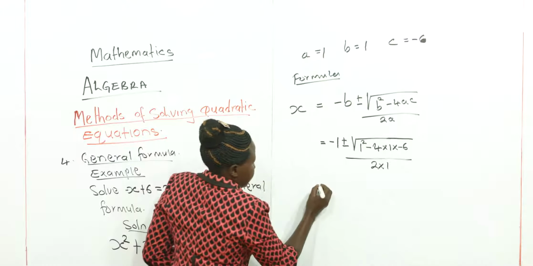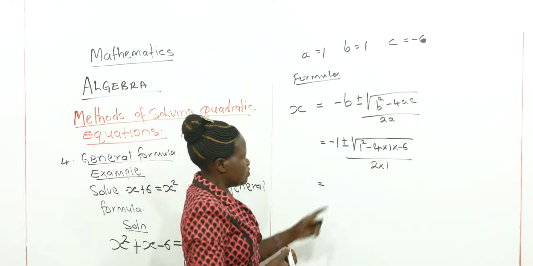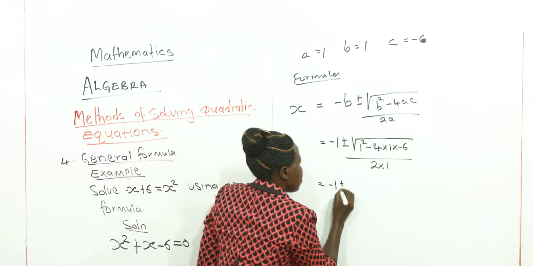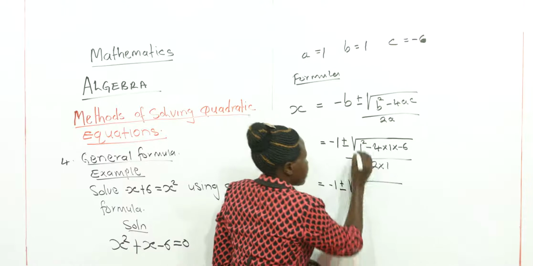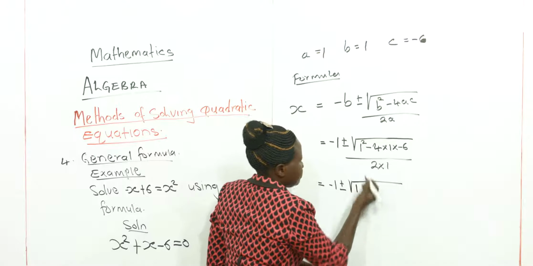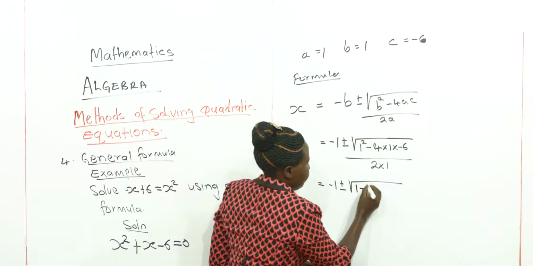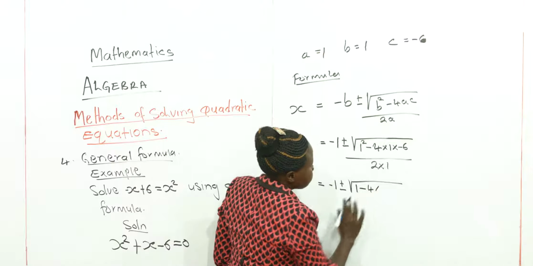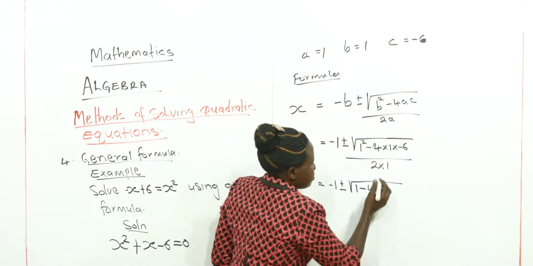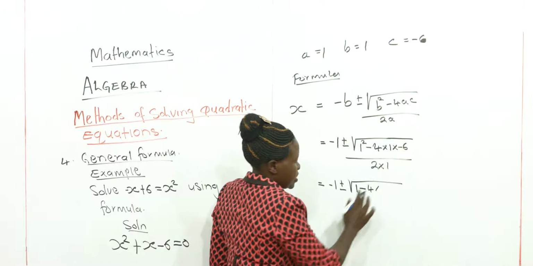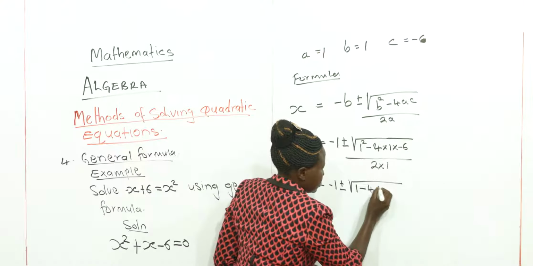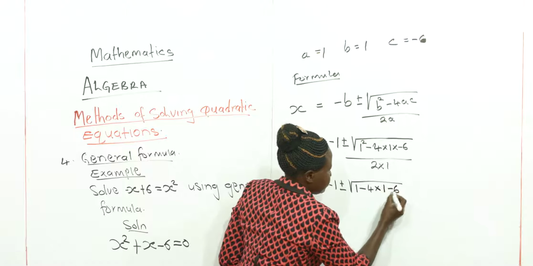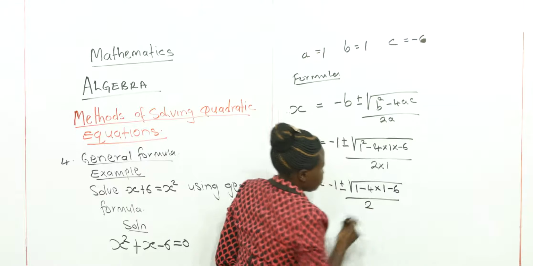So at this level, we can now simplify. So we shall have negative 1 plus or minus a root of 1 squared, we get 1, and then minus 4 times 1 times negative 6, all divided by 2.